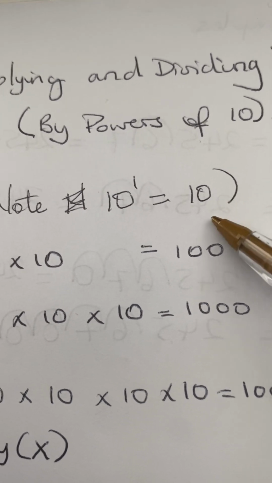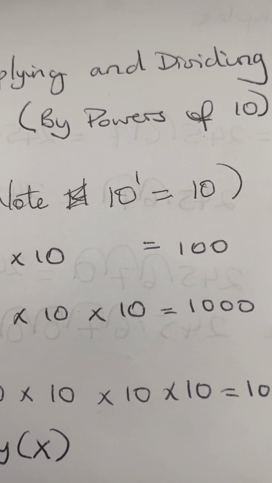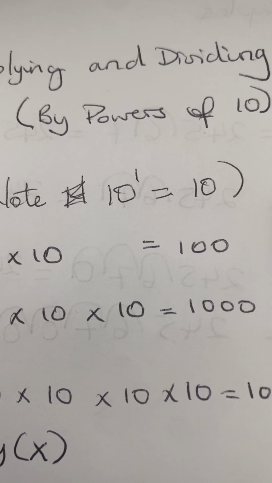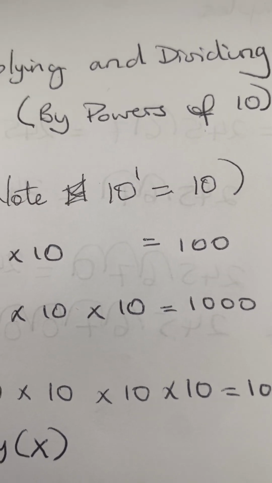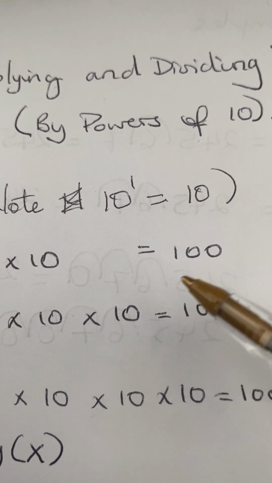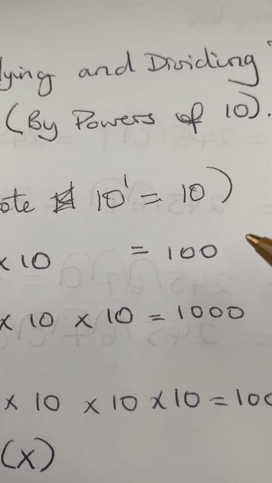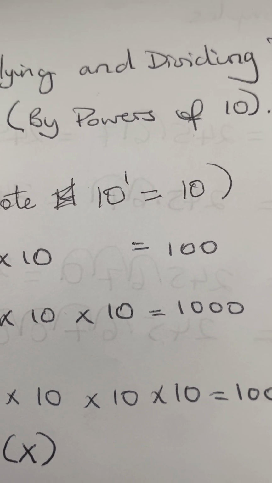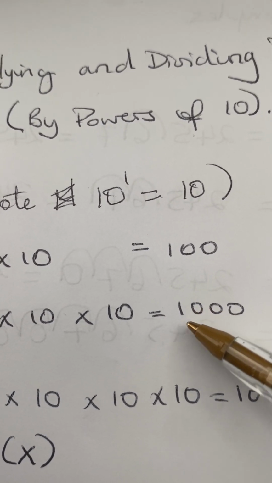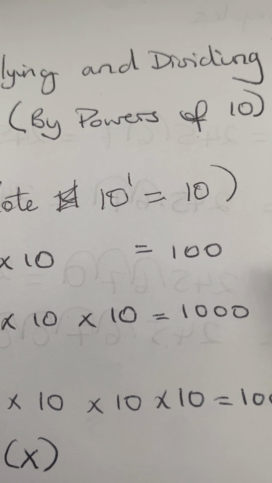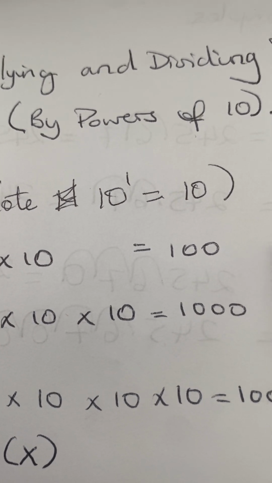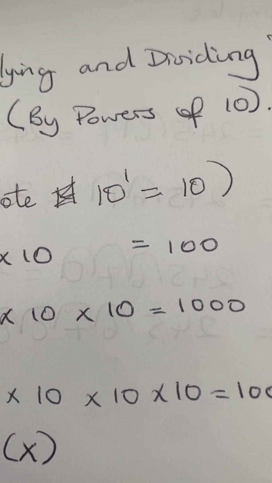It's just that we don't write 2 to the power 1. So 2 is a 2, but 2 to the power 2 is 2 times 2, and 2 to the power 3 is 2 times 2 times 2.